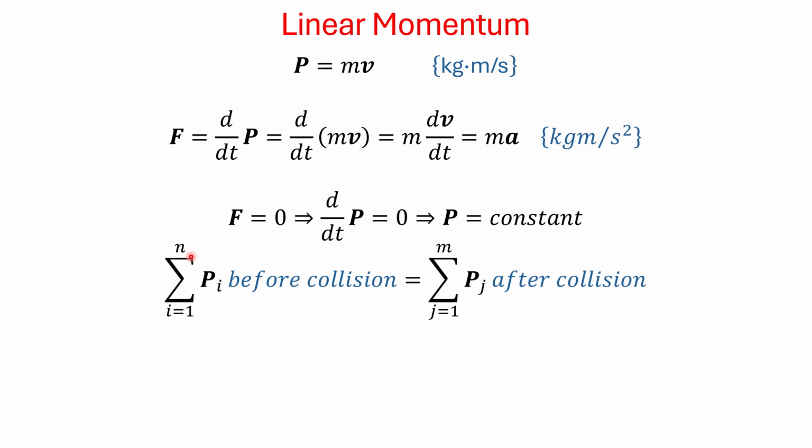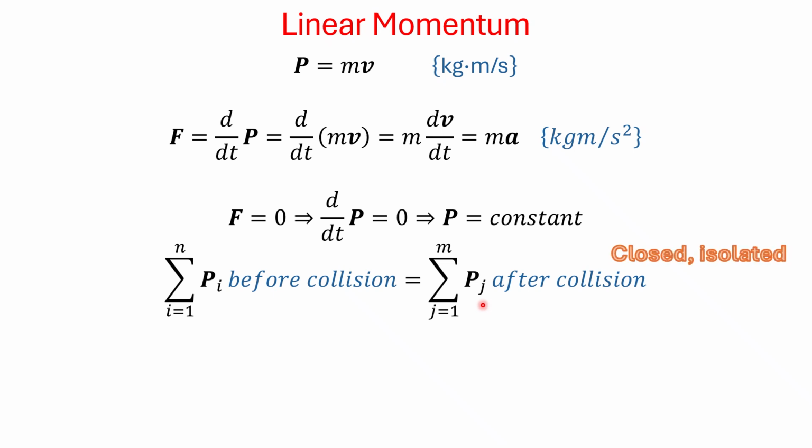So here n and m being different means that the conservation of number of particles is not taken care of. A couple of particles can merge or split, that is not an issue, but the vector sum of all momentum before collision is equal to the vector sum of all momentum after collision, for all particles.